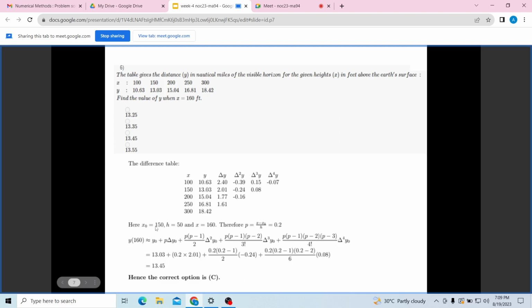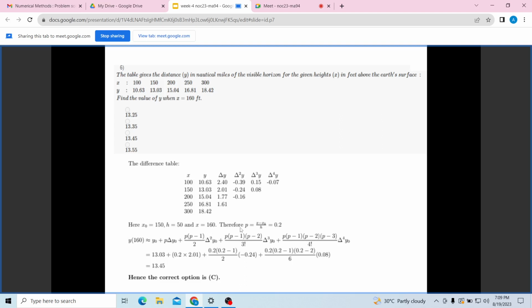X naught is 100 and h is 50, that is the difference between the consecutive points. So here the difference is 50, so h will be 50. And what is x? X means the value at which you have to calculate the value of y. Okay, so x is 160.